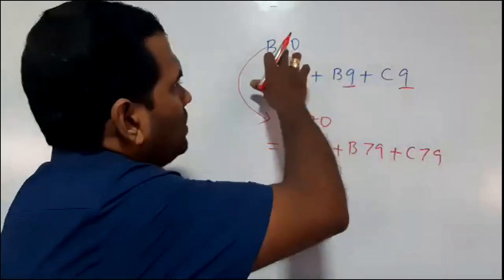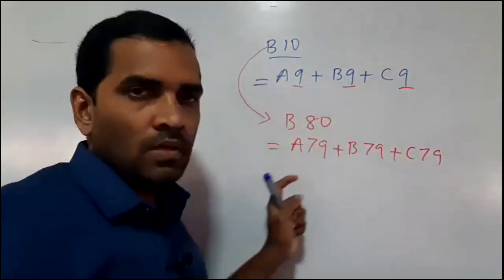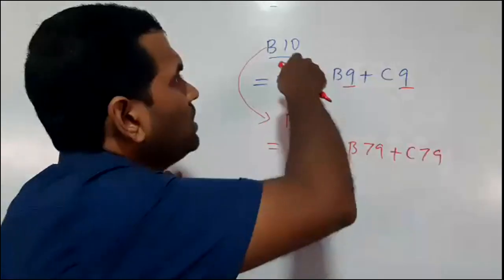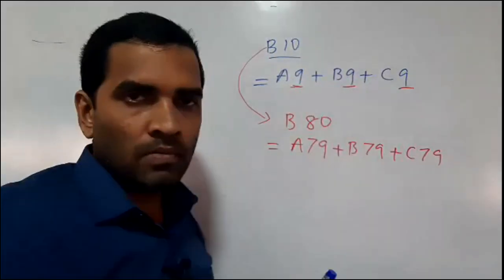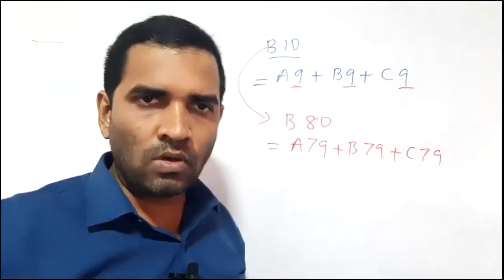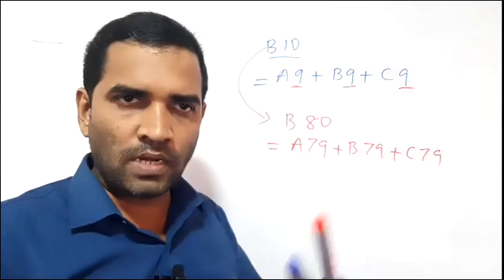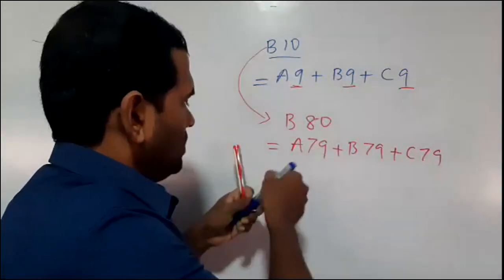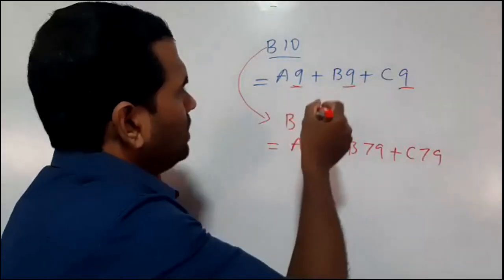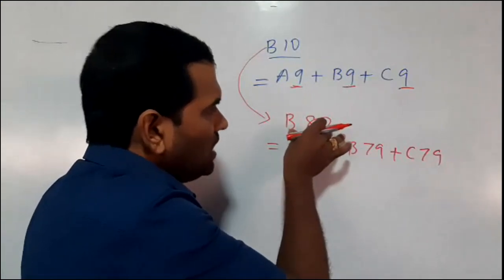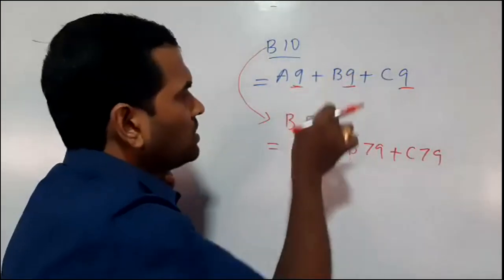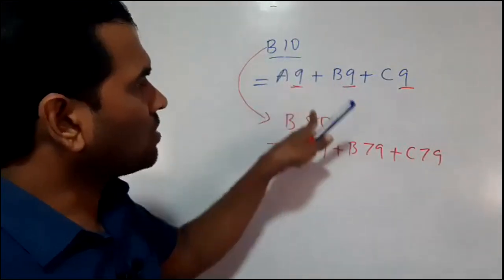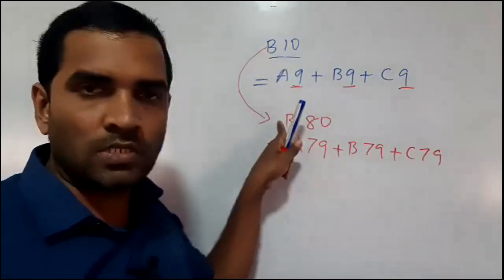Now look here, we will move to B80. So going from B10 to B80. When we were in B10, it is A9, which means one row less, right? So when we are in B80, look at the row number changes, column not changed, right?